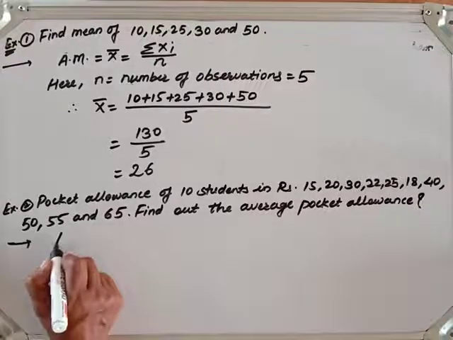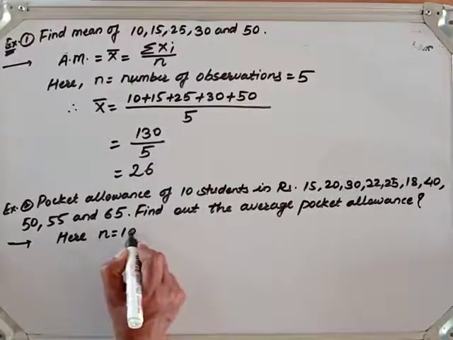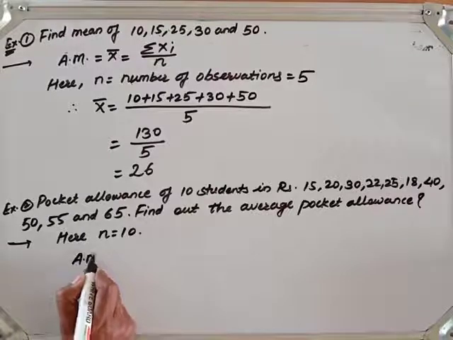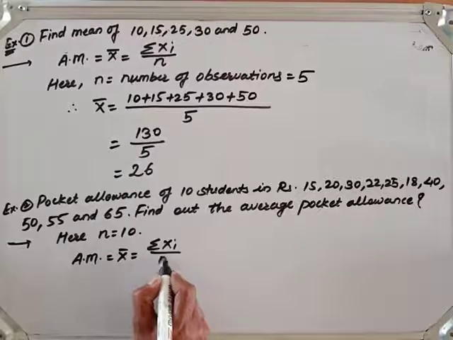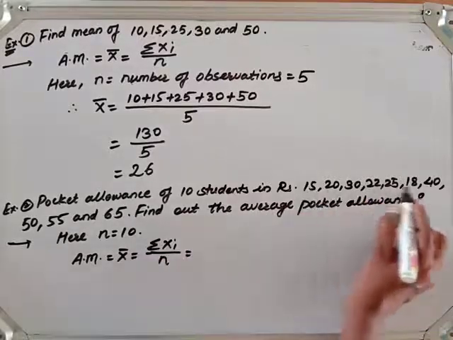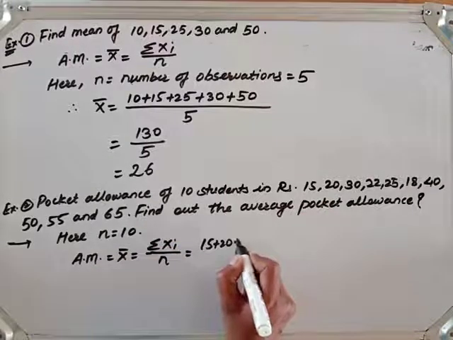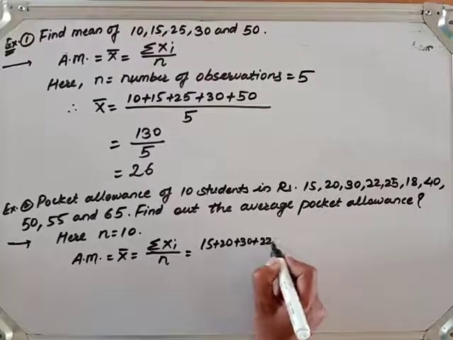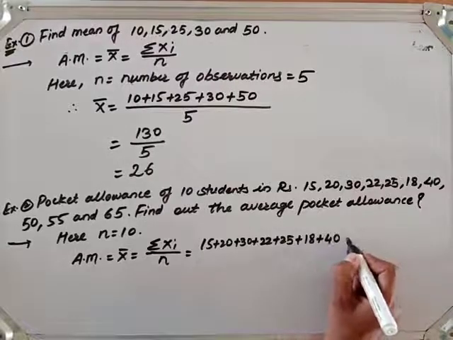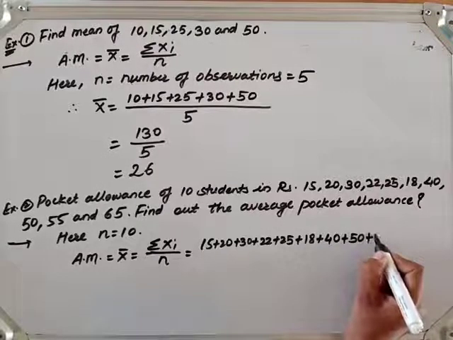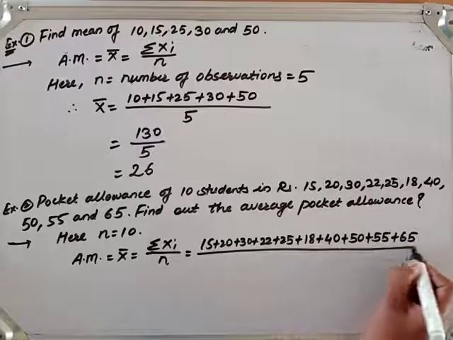Now here n is equal to how much? 10 students are there, so n will be 10. So arithmetic mean x bar equal to summation xi upon n. What is summation xi? It is the sum of these pocket allowances: 15 plus 20 plus 30 plus 22 plus 25 plus 18 plus 40 plus 50 plus 55 plus 65 upon 10.